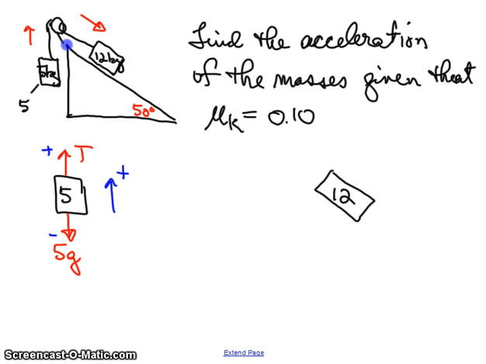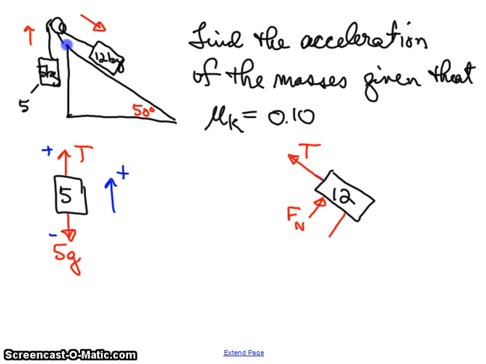Now for the 12 kilogram object, we do have a tension holding it back. Do that in red. We do have a tension holding it back, and we have the usual normal force perpendicular to the incline. And then we have our weight that's broken down into sines and cosines.